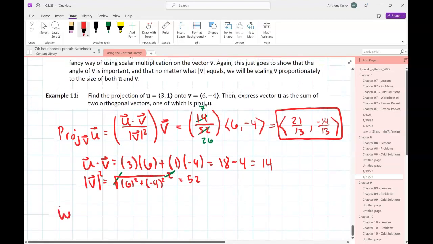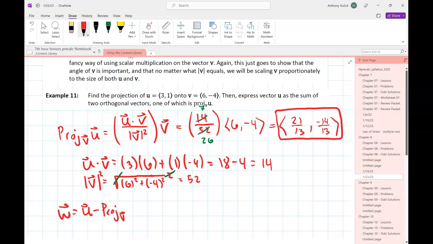And then to get my vector w, I'm always going to do u minus the projection of u onto v. So 3, 1 minus 21 over 13, comma, negative 14 over 13.